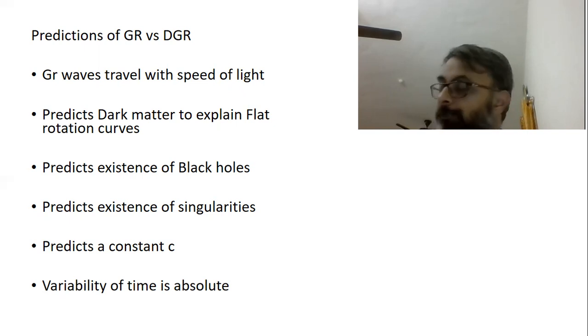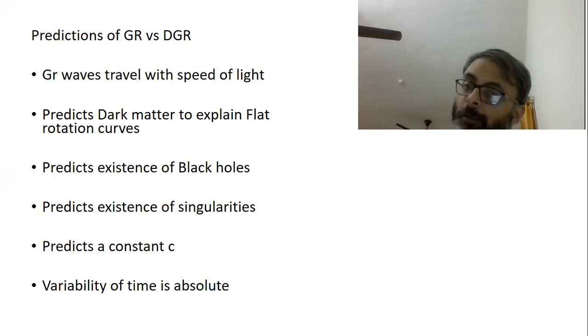So this is another difference in DGR: the expansion of the universe in DGR is because of negative energy, which is active creation rather than destruction. So over there, instead of gravitational time dilation, there will be gravitational time contraction. In general relativity, there's no such thing as time contraction.